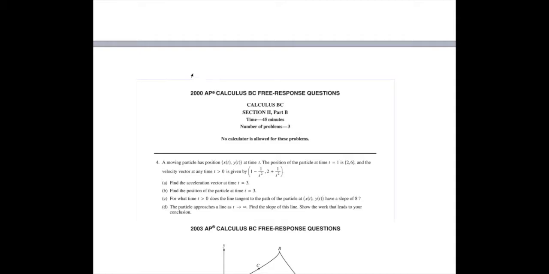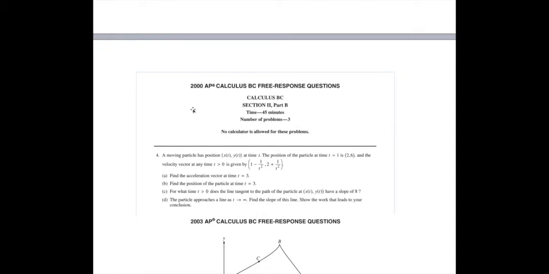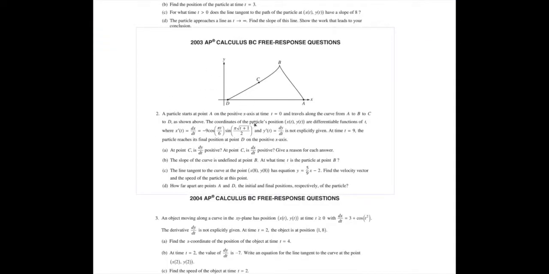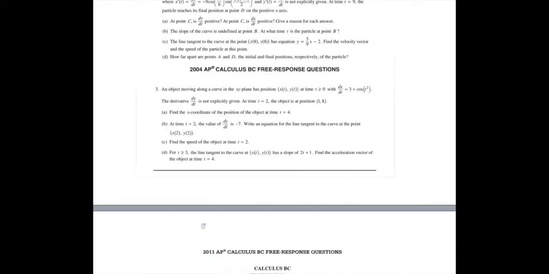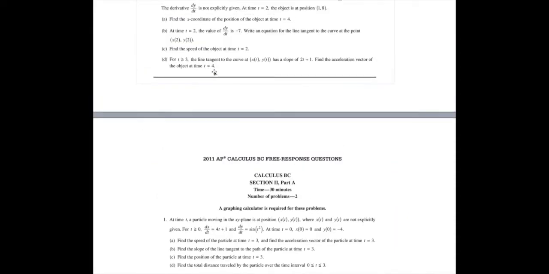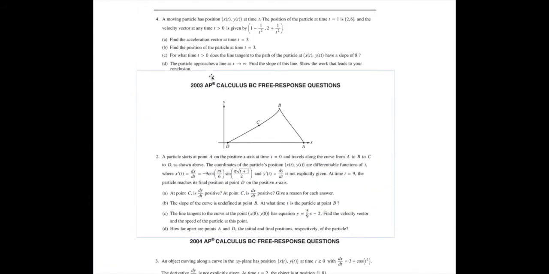As we scroll down, we have 2000 number 4, another vector question, 2003 number 2, 2004 number 3, 2011 number 1, and 2015 number 2. So we have 5 extra questions with solutions if you need extra practice.